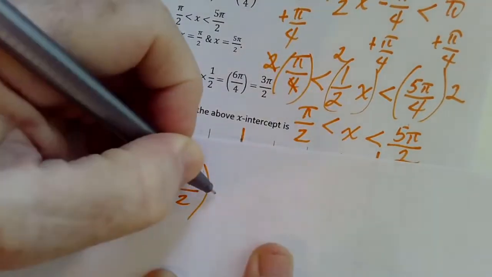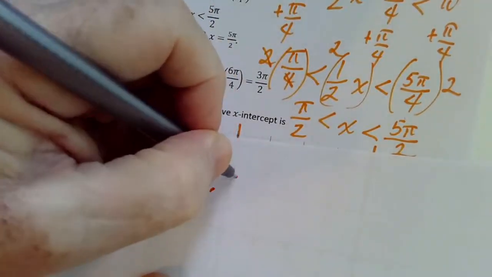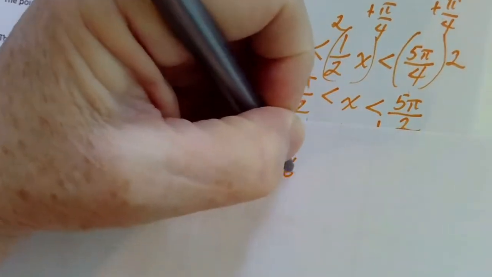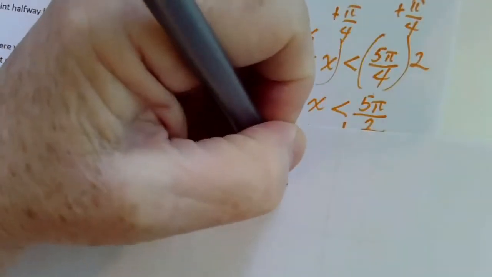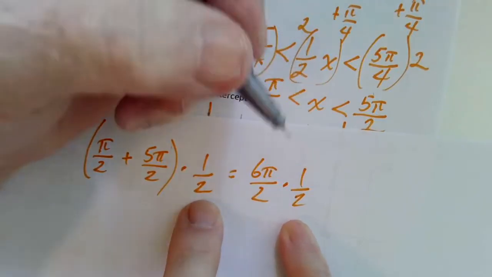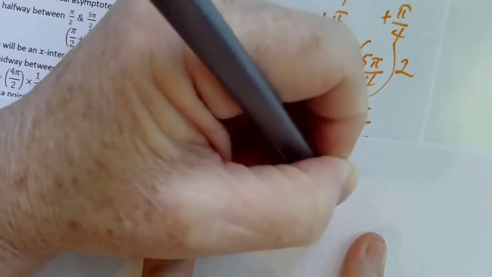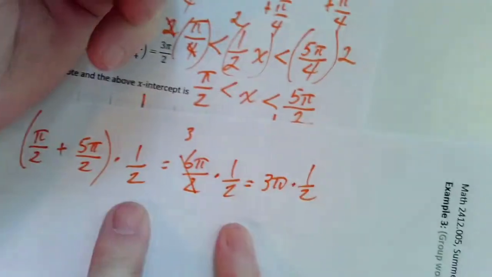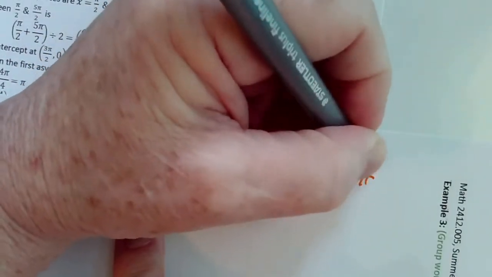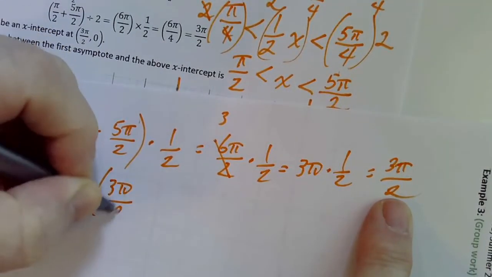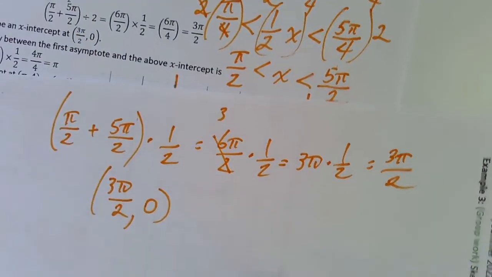So we're going to add the x values and divide by 2 or multiply by 1/2. And let's see. We get 6 pi over 2, and we still have that times 1/2. And we can reduce this. So we get 3 pi times 1/2. And that's 3 pi over 2. So at 3 pi over 2, we'll have an x-intercept.